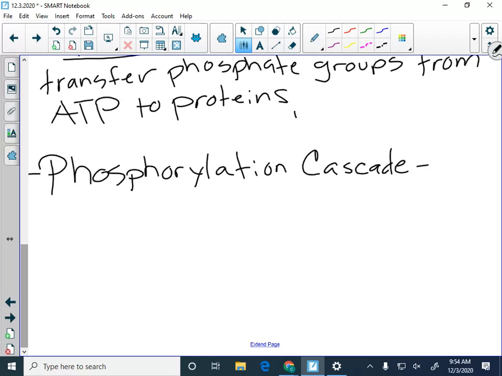So, in a phosphorylation cascade, a series of proteins in a pathway are phosphorylated, each adding a phosphate group to the next. So, a protein gets a phosphate group, which then adds a phosphate group to another protein, which then adds a phosphate group to another protein, until we get where we need to go. Like a messed up game of hot potato.